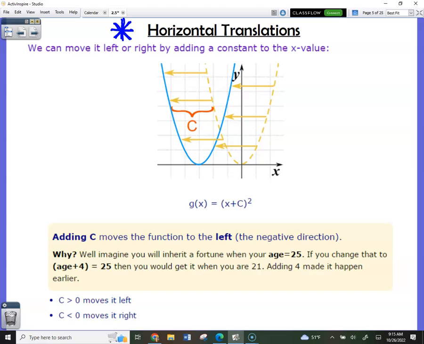The thinking is that there is going to be a sign change here. There is a sign change. This is what I call counterintuitive. Counterintuitive is, it is not the same as what you would think it would be.